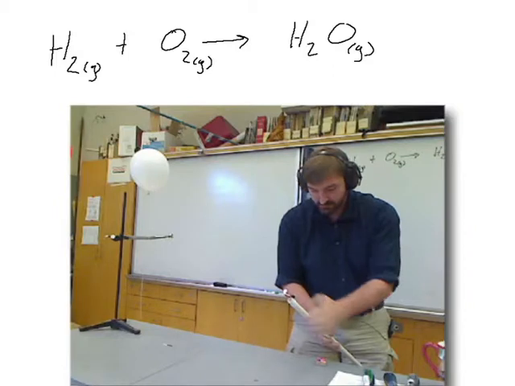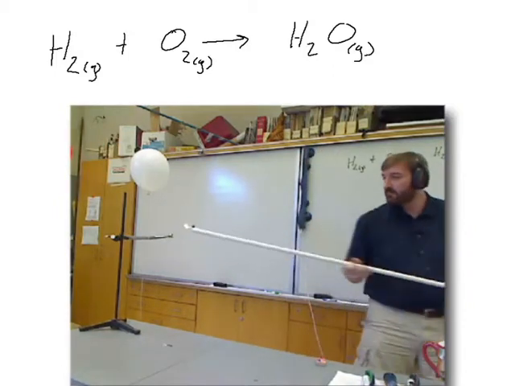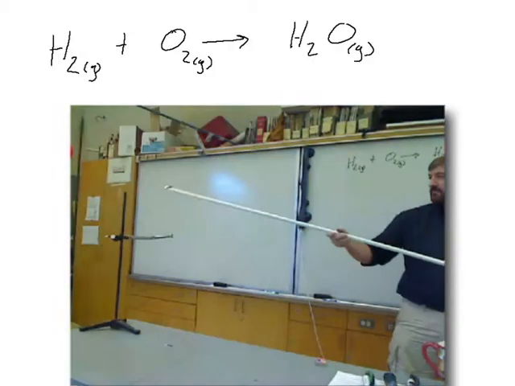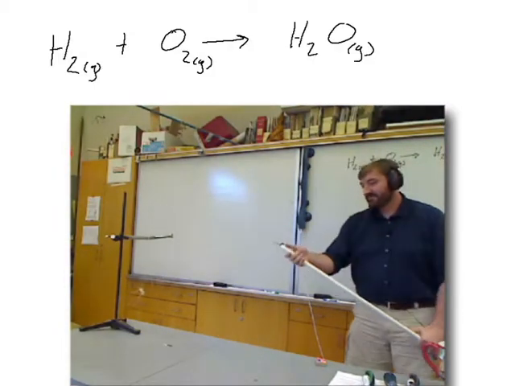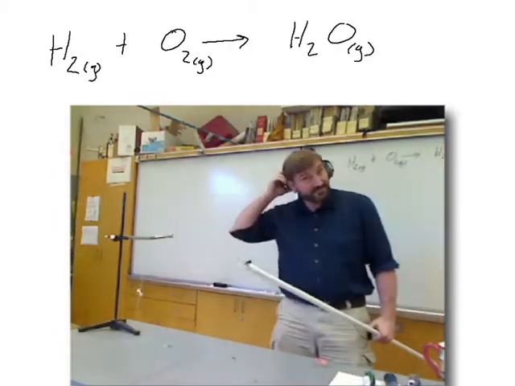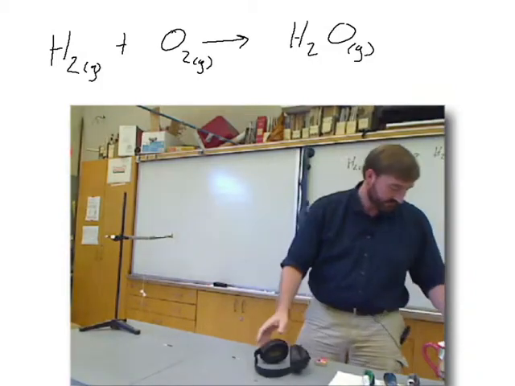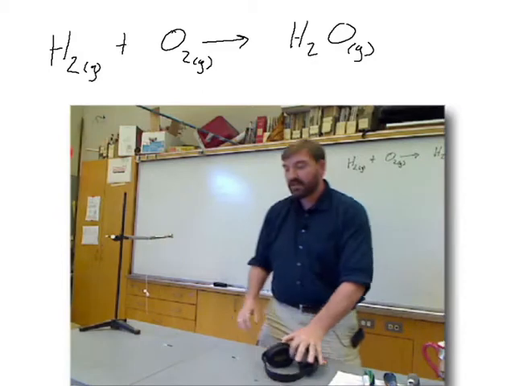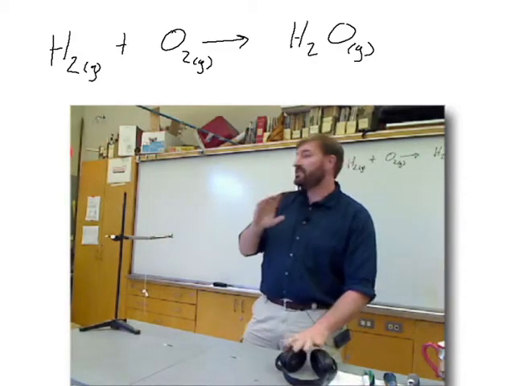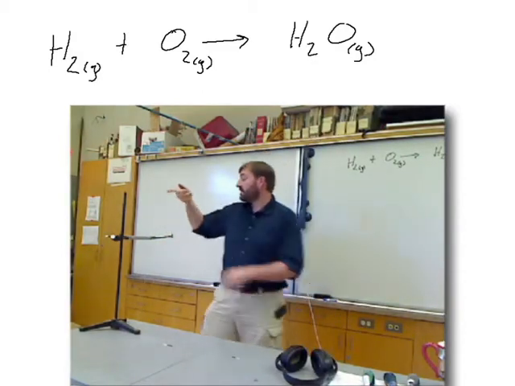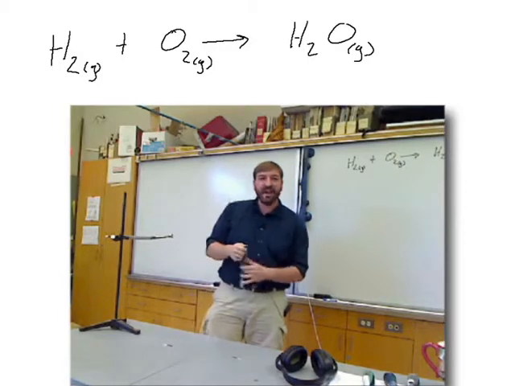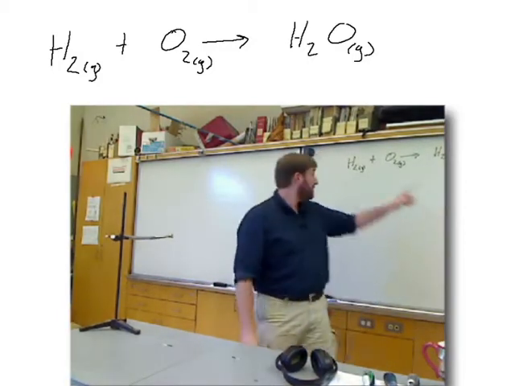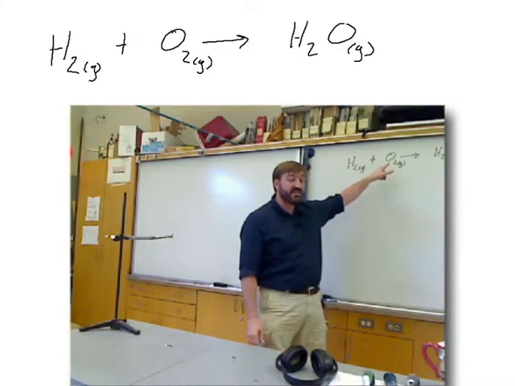Then I'm going to set up the ratio to convert the moles of ethanol into moles of oxygen. And then I'm going to convert the moles of oxygen into grams. What this calculation does is it allows me to predict, to burn up 100 grams of ethanol, how many grams of oxygen do I need? I need 208.4 grams of oxygen.